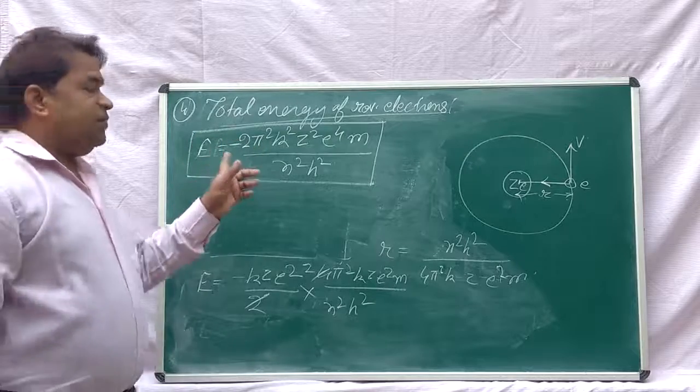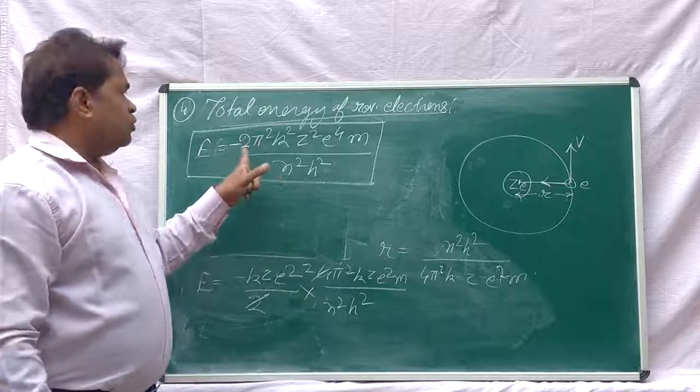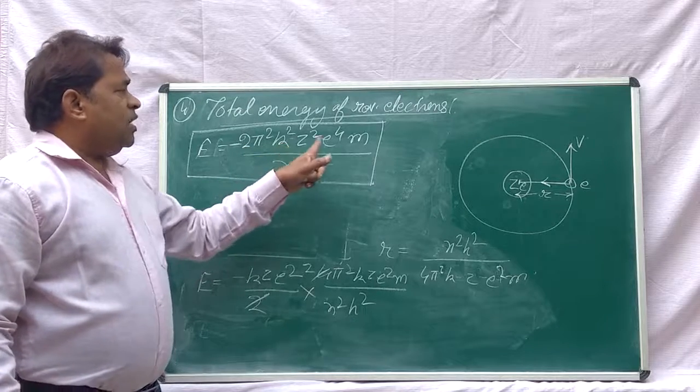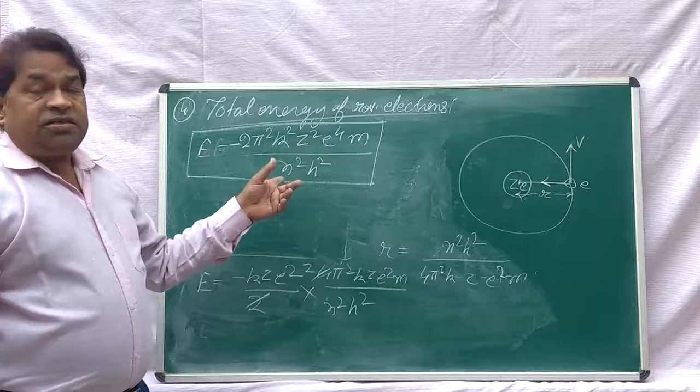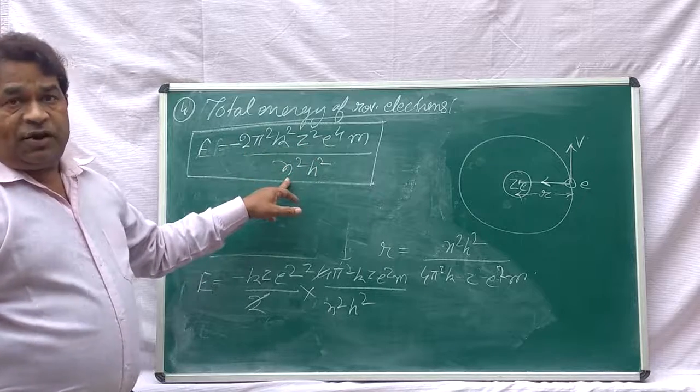So from here we can see that most of the quantities, 2 pi square, k square, e, m, h, are constants, except Z and the principal quantum number.